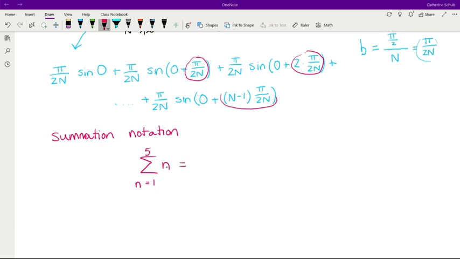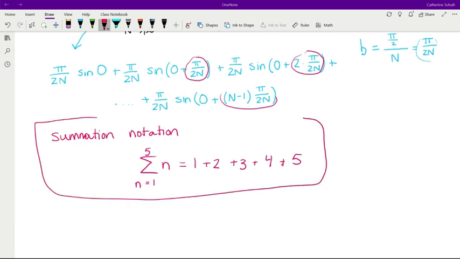And so we're going to add this argument n as n varies from 1 to 5. So n equals 1 plus n equals 2 plus n equals 3 plus n equals 4 plus n equals 5. Okay, so that's our thought bubble. It doesn't really relate to what we're doing. That's just a previous definition.